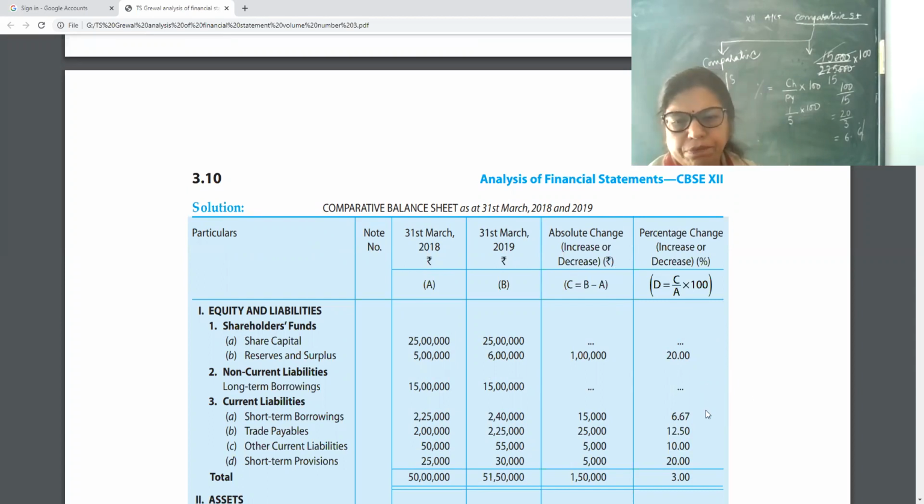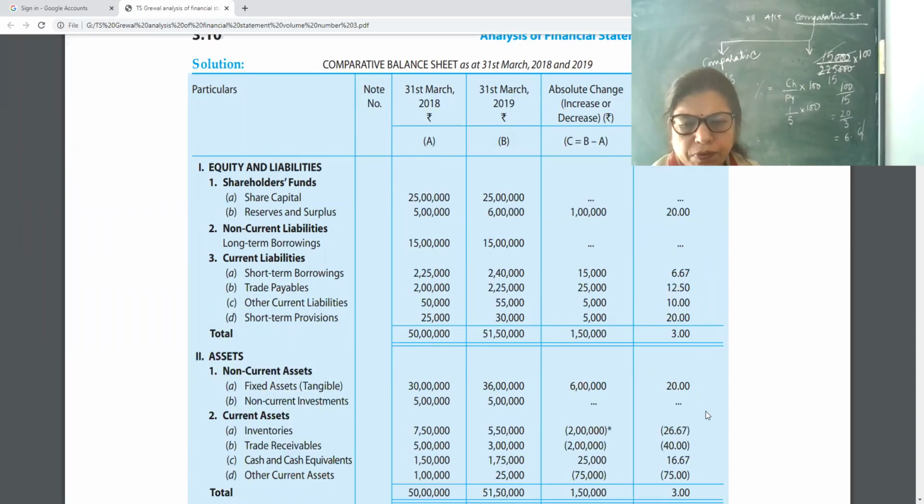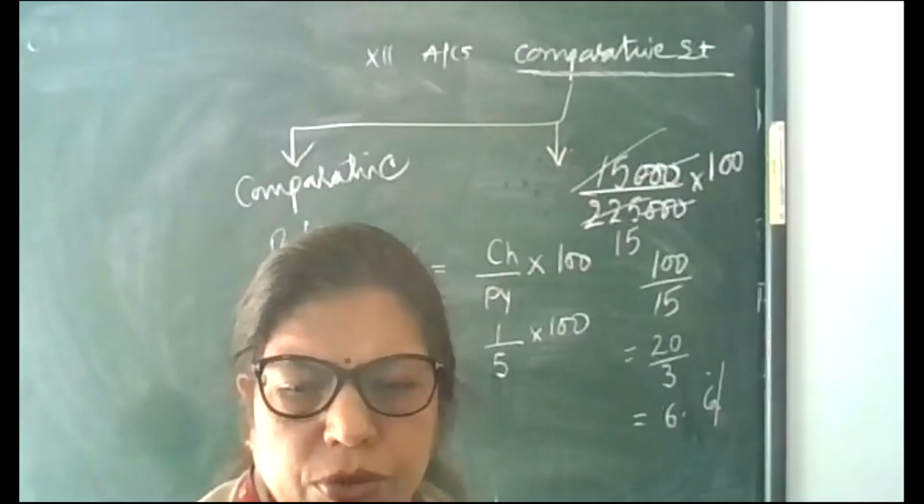Okay, note down. Yes. But be careful while showing the negative decrease, don't put a minus sign, just put brackets. Any doubt you can ask.